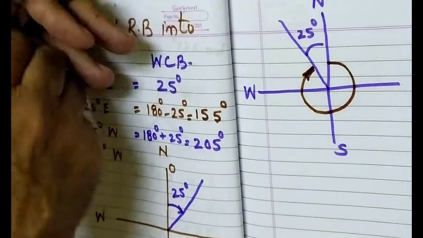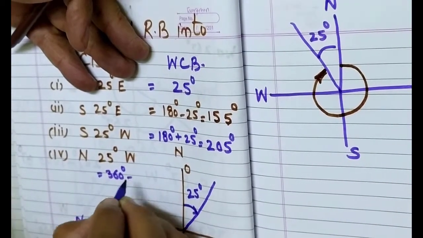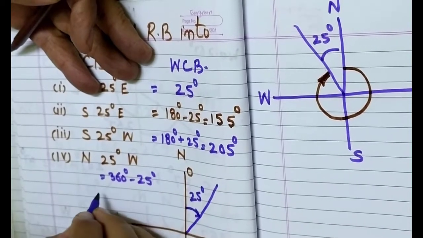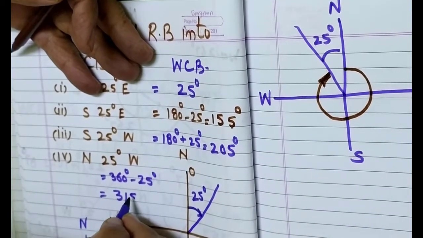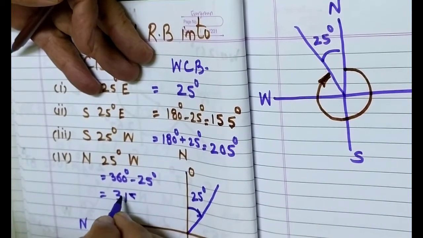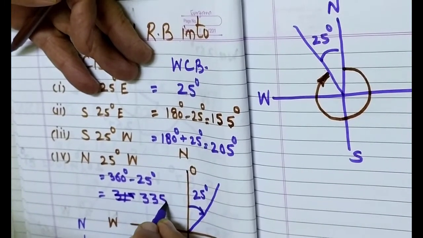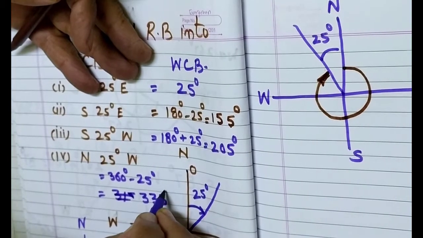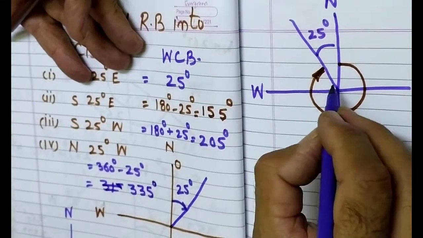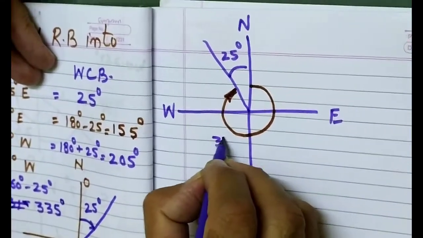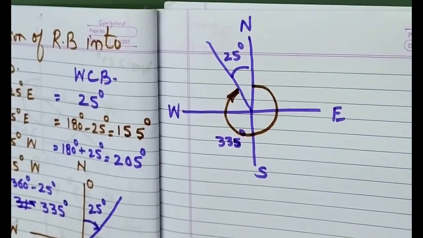This angle is equal to 360 degree minus 25 degree. This comes to be 335 degree. So the value of this angle is 335 degree.